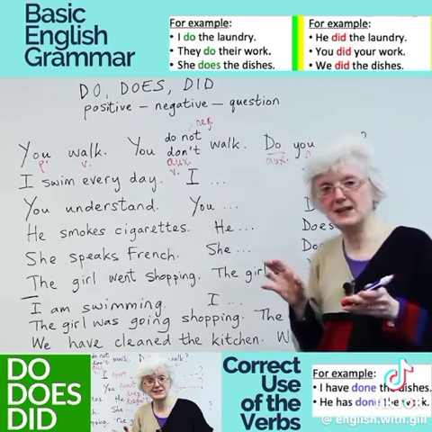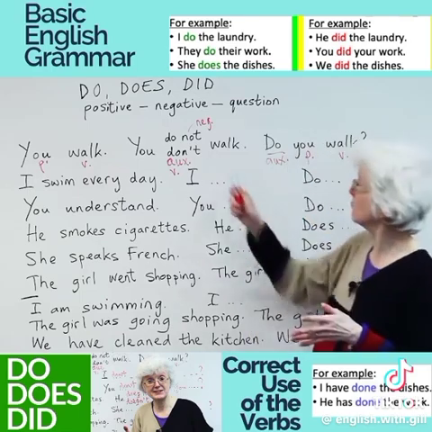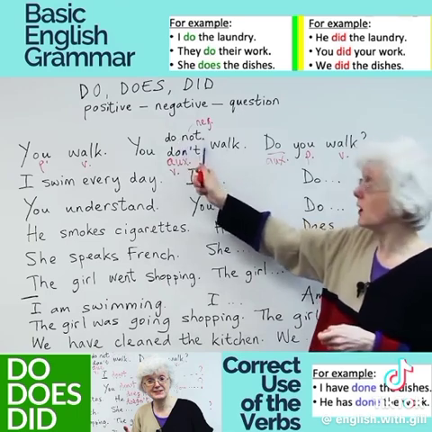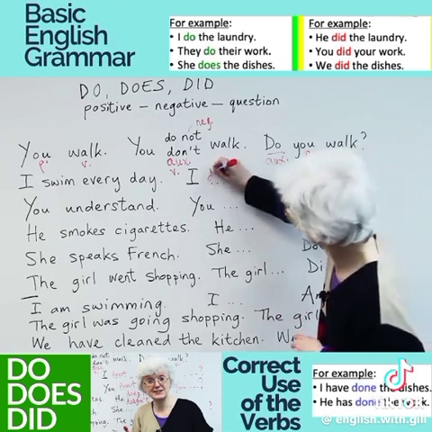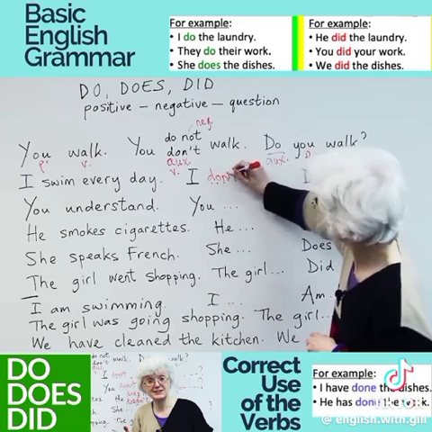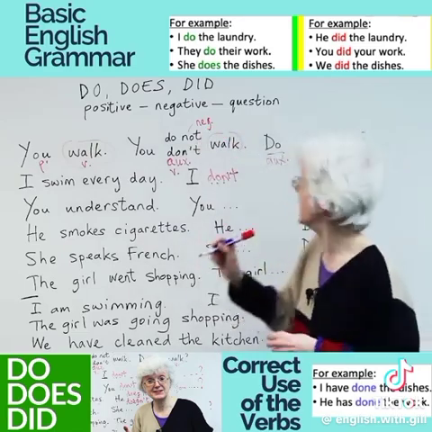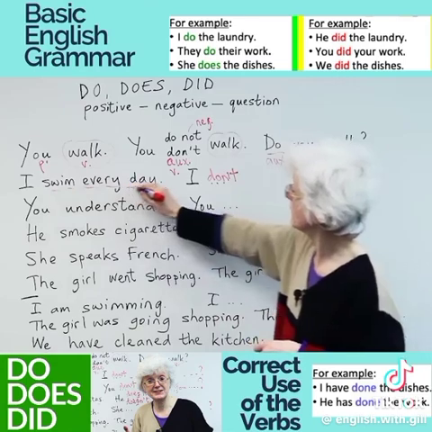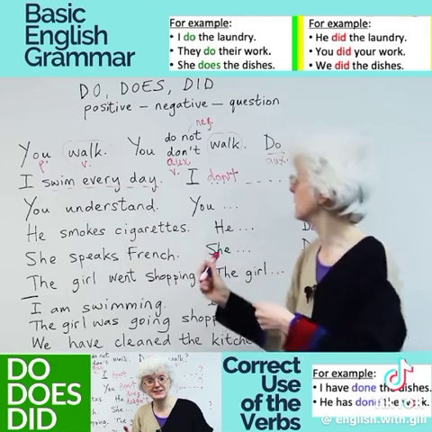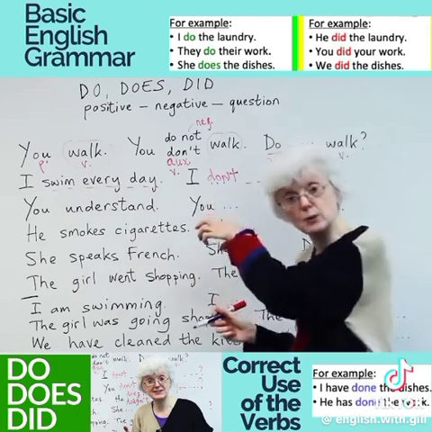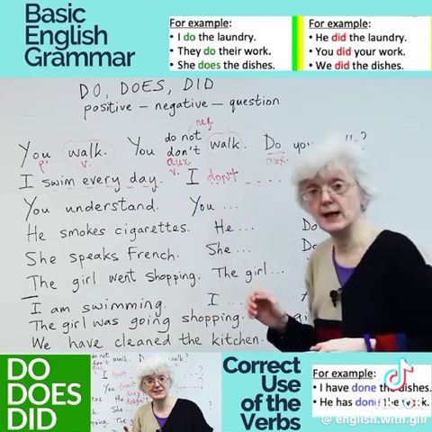Just have a think before I tell you what it should be. Then we have to use do not, don't, I don't. And then it's the same. We've got walk there and walk there. So it's just, I don't swim every day. Okay, so you just have to put don't in there. I don't swim every day.